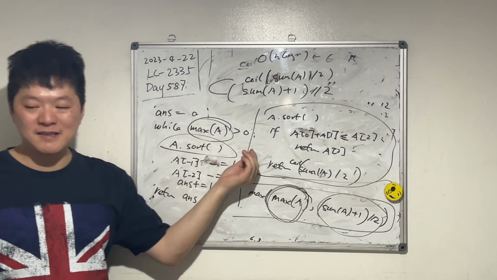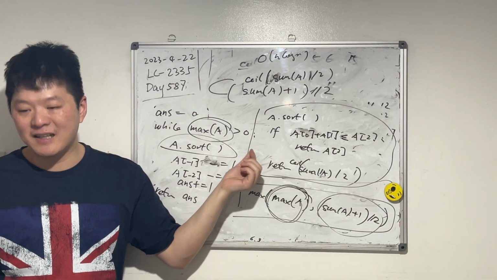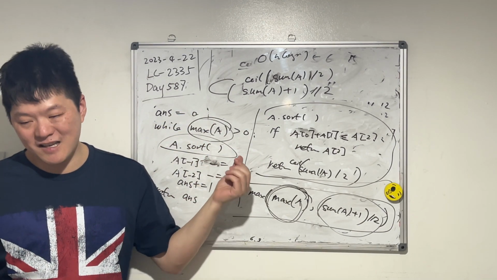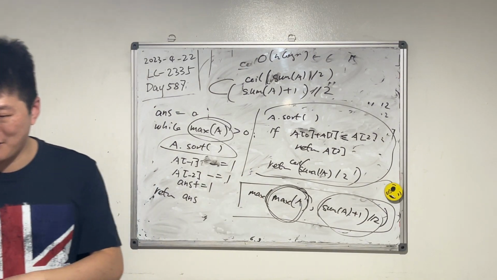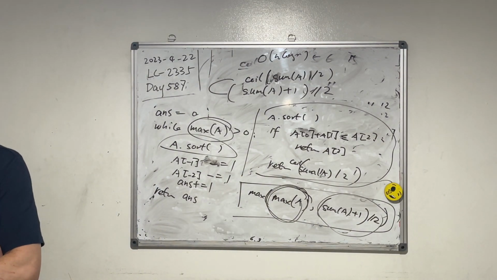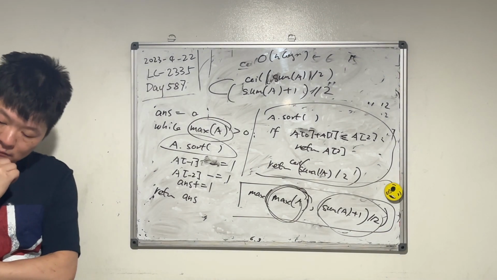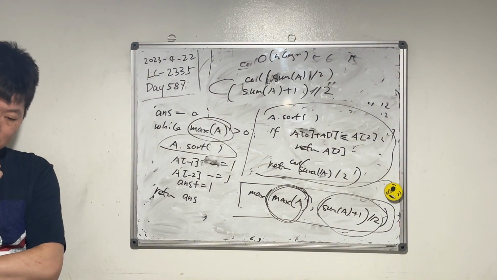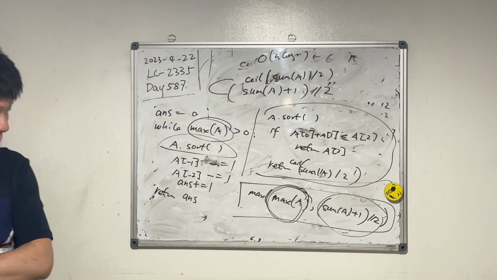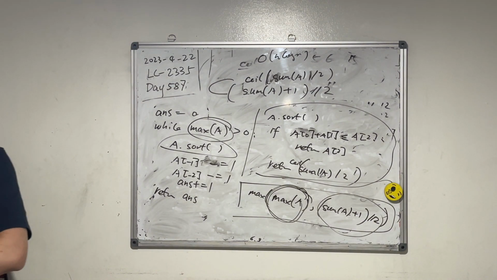So if a cup has 10 liters, the answer is at least 10, right? Because it needs the 10 seconds to reduce it. Make sense? So to figure it out, we sort it, since there's only 3 cups, so it's O(1).